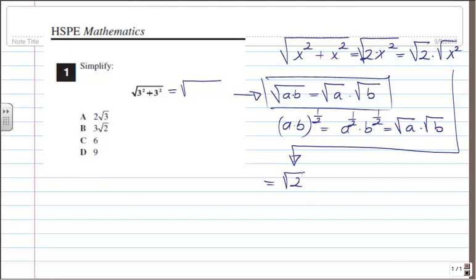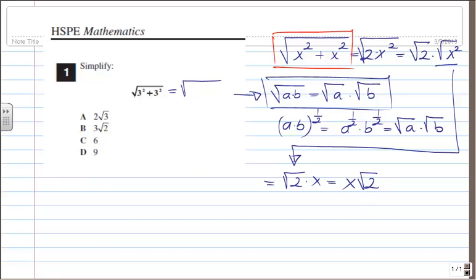That's irreducible, in its simplest form. However, square root of x squared is nothing else but x, right? So if you want to put it backwards, you can say this is x square root 2. And where did you guys start? You started here. That square root of x squared plus x squared is nothing else but x square root 2.